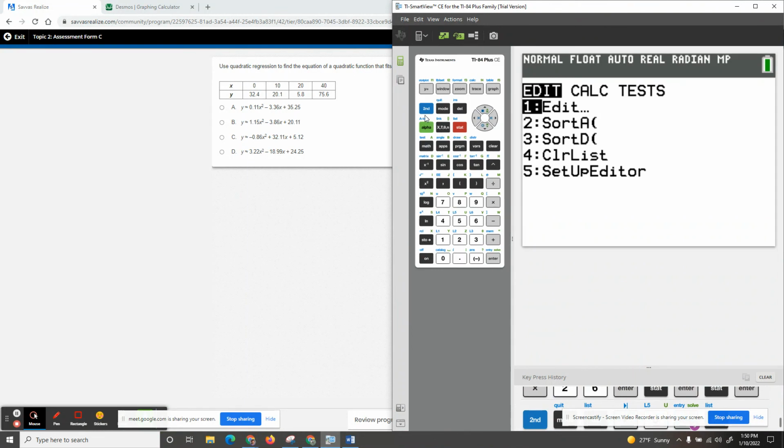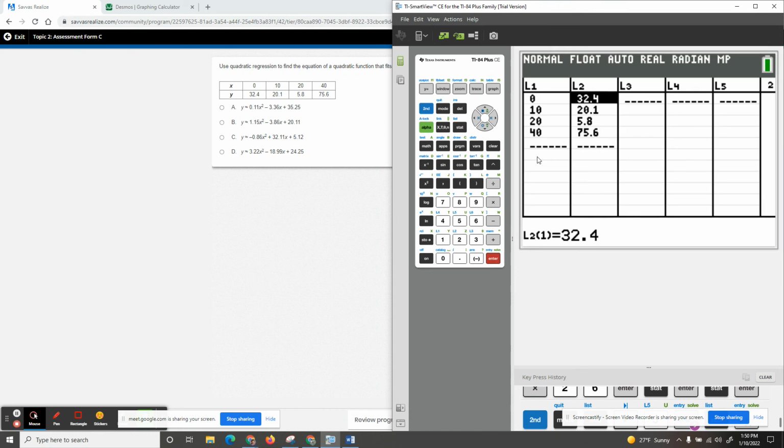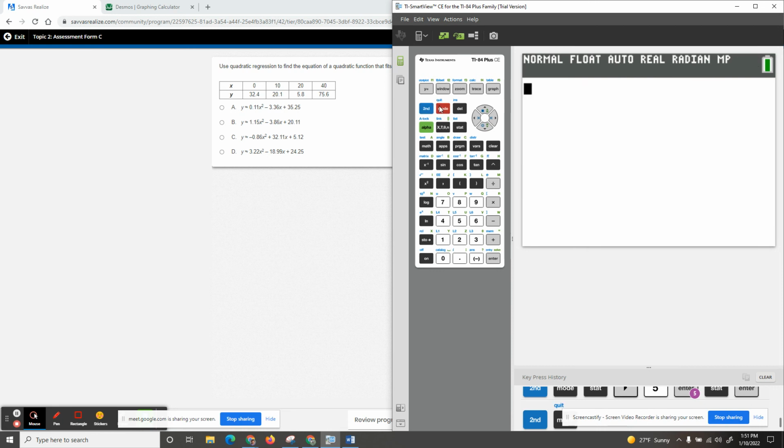So we're going to do the quadratic regression on our graphing calculator. You hit the stat button, and then you just hit enter on edit. Then you type in the x values from the table in L1. So that's what I have there, 0, 10, 20, and 40. And you type in the y values into L2. So 32.4, 20.1, 5.8, 75.6. Once you have that information in the stat table, you quit out by hitting second, quit.